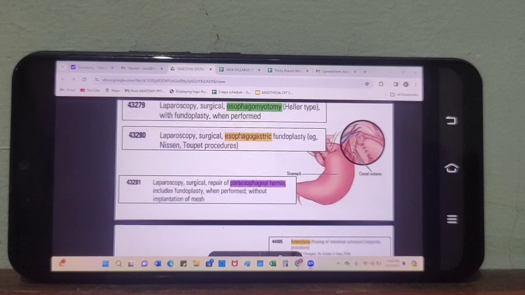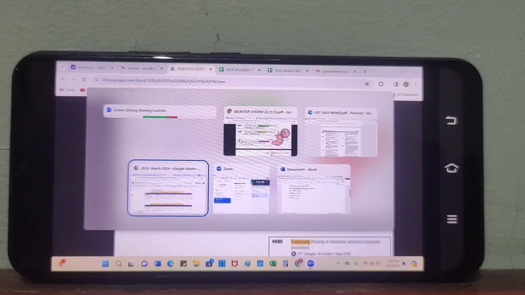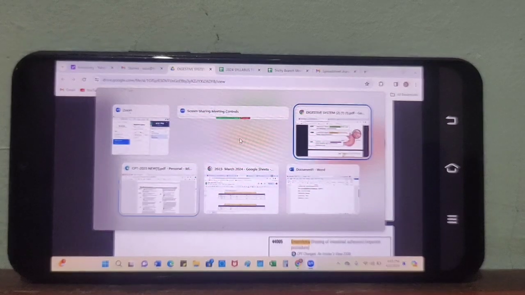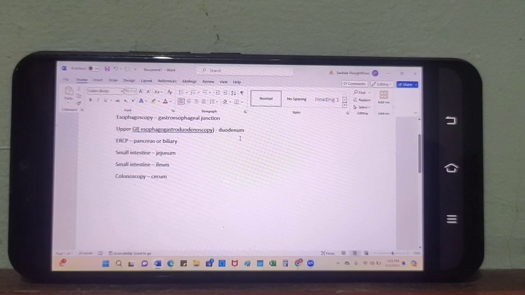If the scopy does not reach the termination point, you should append modifier 52 or 53. 52, if repeated examination is not planned. 53, if repeated examination is planned.